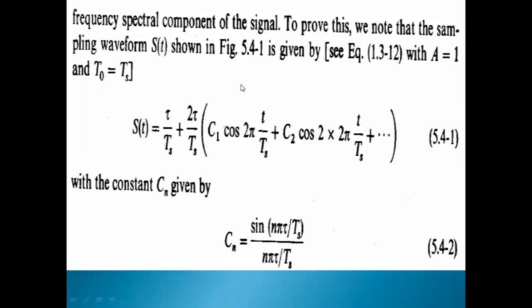To prove this, we know that the sampling wave S of t is the pulse train, and tau is the pulse duration.